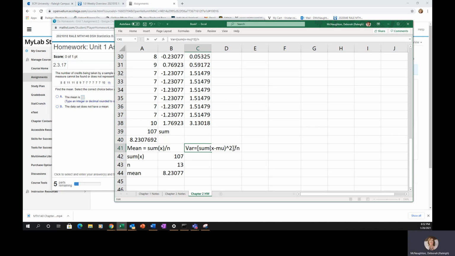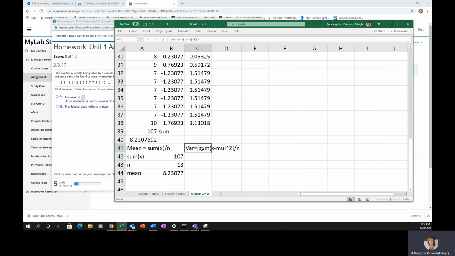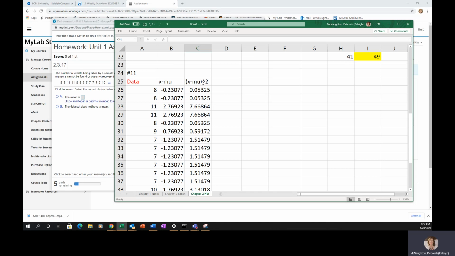Divided by N. Okay, because this didn't tell me that this is a sample. Oh, wait, a sample. Oh, it's not asking me to find the variance, but that's okay. We're going to go ahead and calculate that as well. So you have it in your, oh, that's in 2.4. Okay, never mind. We don't need to do that yet. We just need the mean, median, and mode. Let me wait to do this until we get to 2.4.